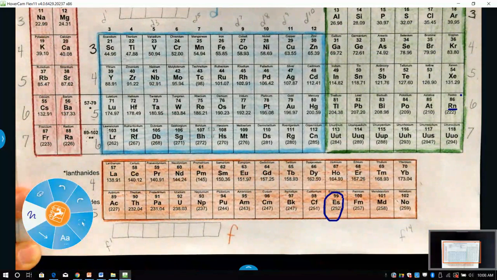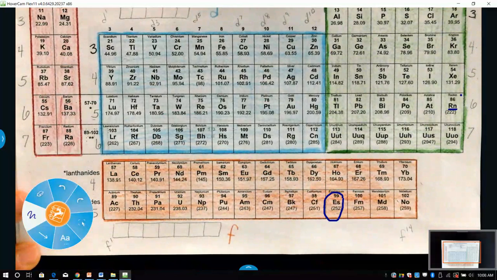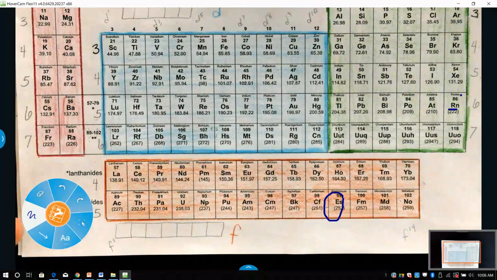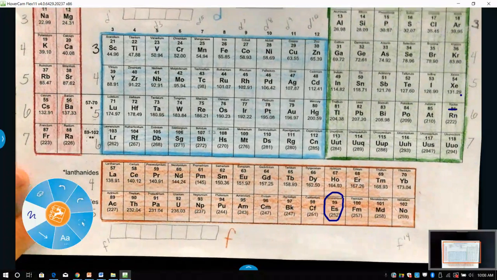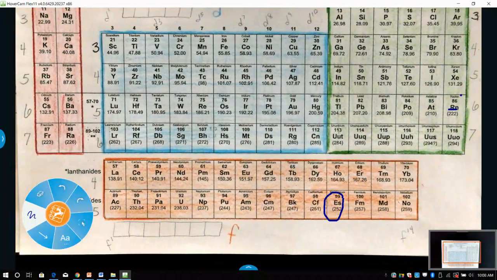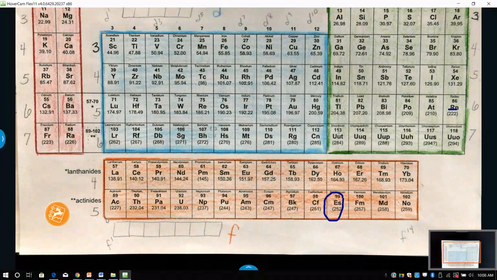So that takes care of everything up to the 6p on the Aufbau diagram. Now we need to figure out, where are we finishing? What position does Einsteinium finish at? 5f. 5f, 1, 2, 3, 4, 5, 6, 7, 8, 9, 10, 11. So we need to finish at 5f11.